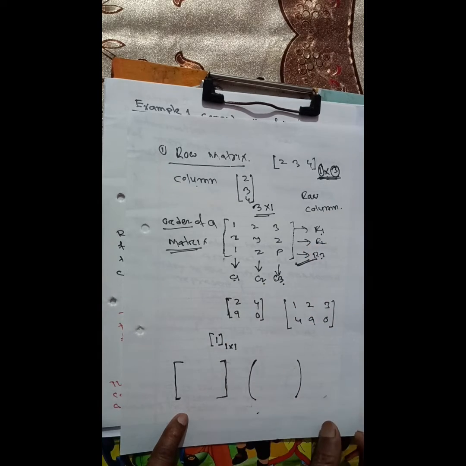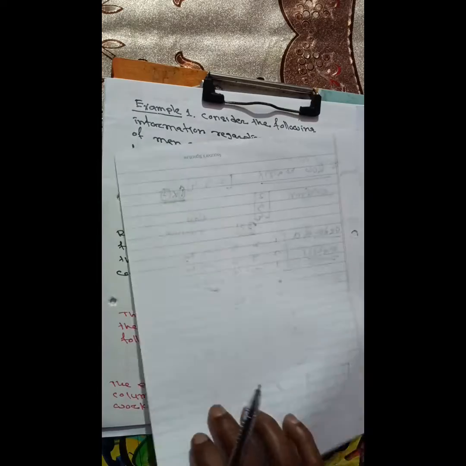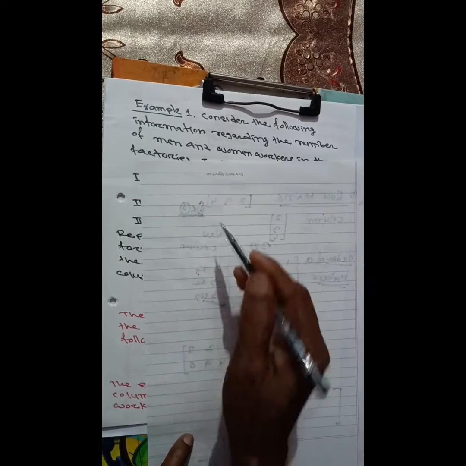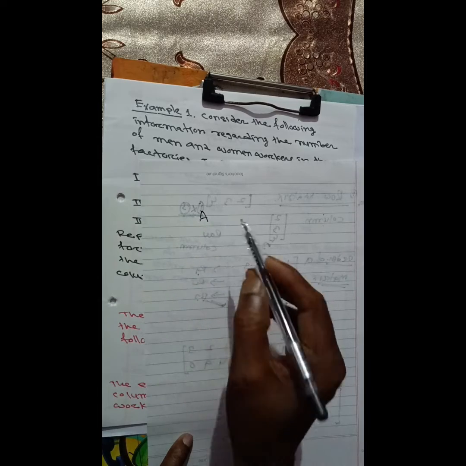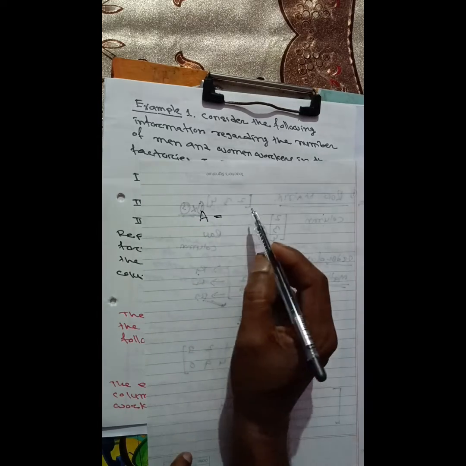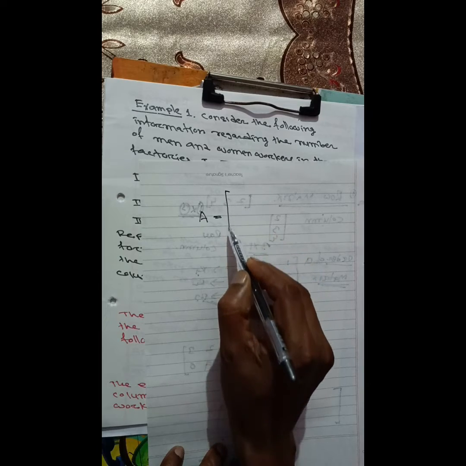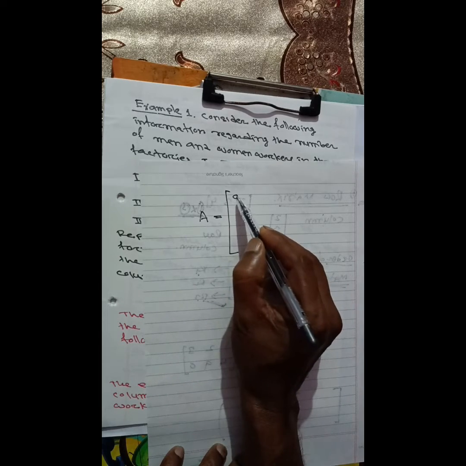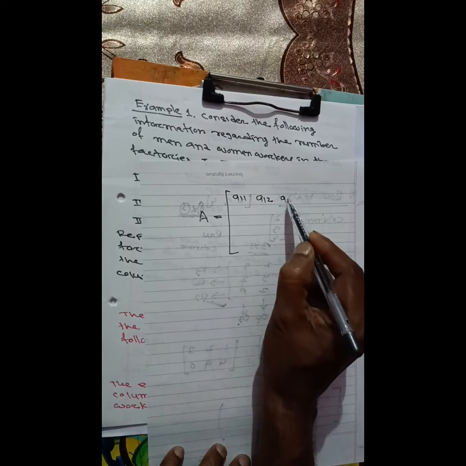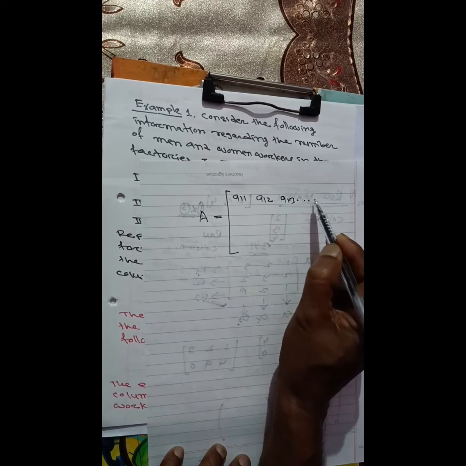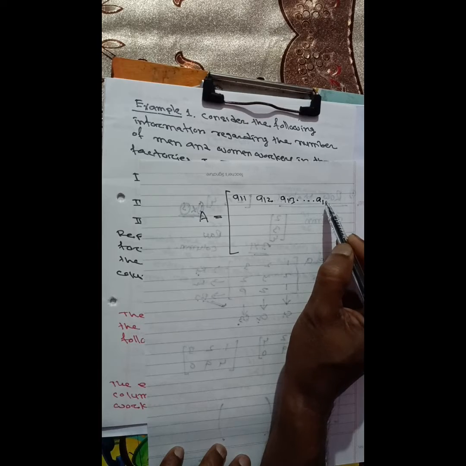Generally, a matrix is denoted by a capital English letter, A. Suppose we consider a general matrix: A11, A12, A13, dot dot dot, A1m.